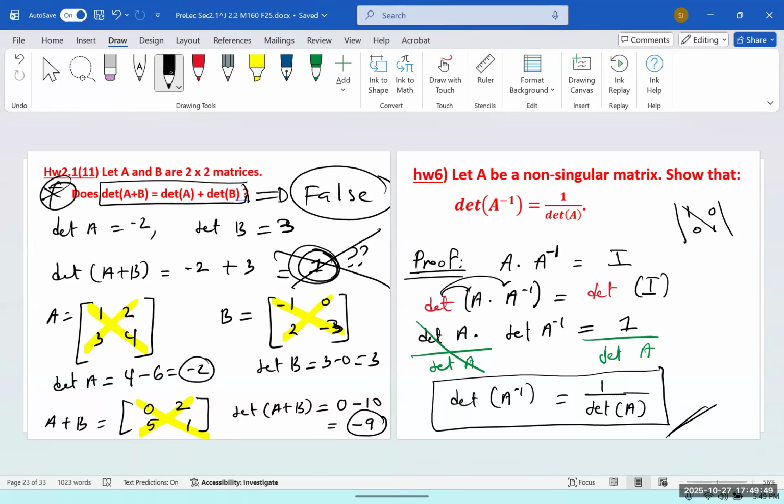Question? That one, zero minus negative 9. It's not, 0 minus 10 is negative 10, yeah. How do you get 0? It's the right diagonal, which is 0 times 1, 0, minus the left diagonal, which is 5 times 2, 10. So 0 minus 10 is negative 10.